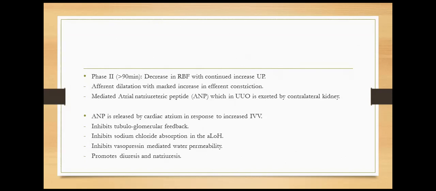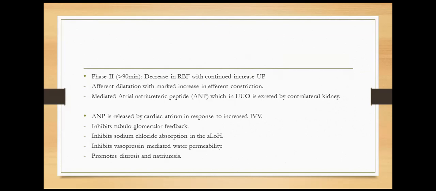And this is mainly due to the fact that you get atrial natriuretic peptide, which is secreted by the cardiac myocytes and is not excreted now because you don't have a functional contralateral kidney. And this has 4 main functions which embarrass the renal system.